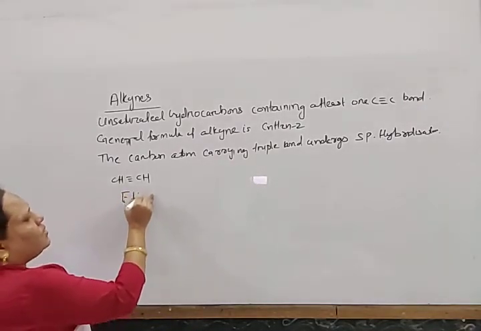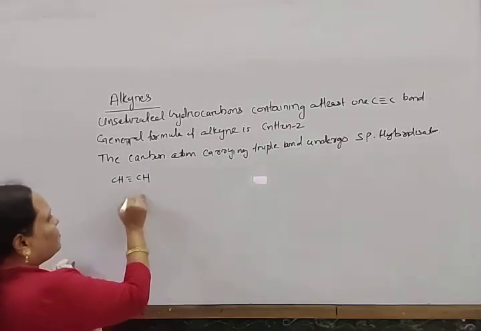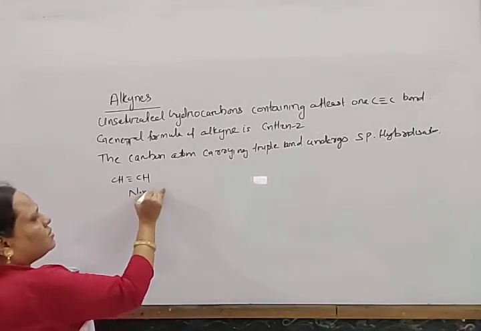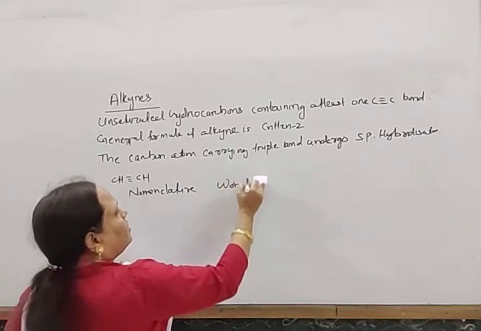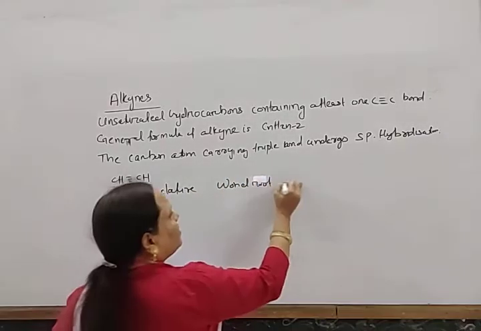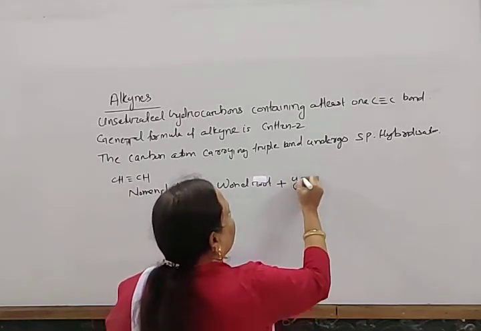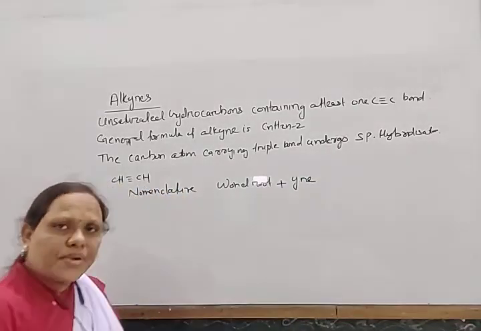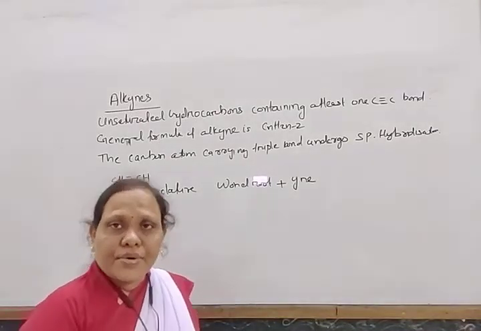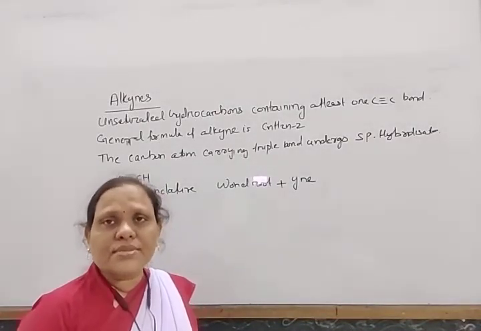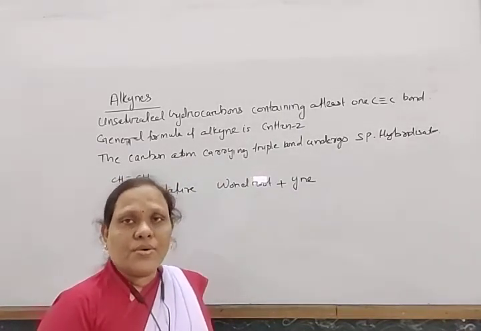So what is the word root? After the word root, we have to add the primary suffix. For nomenclature, after the word root, the primary suffix should be yne. If there are more than 3 carbon atoms, then we have to write the position of the triple bond.